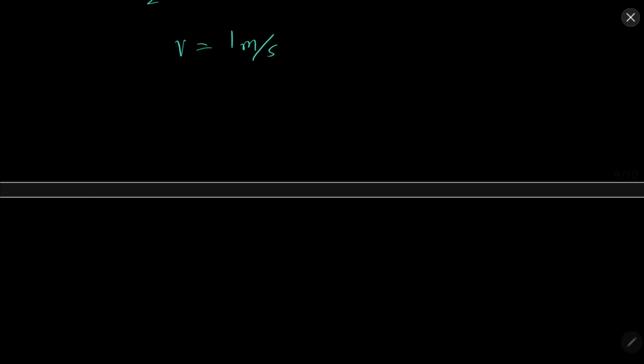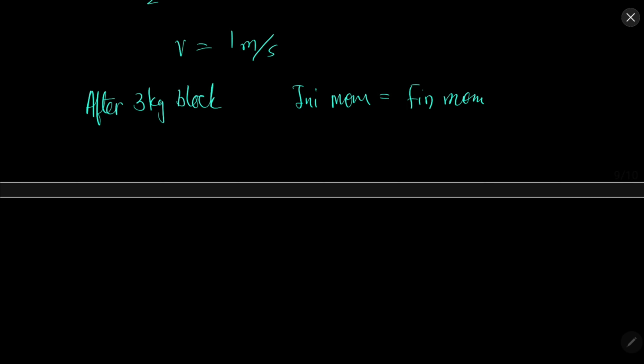Now after we put the 3 kg block, initial momentum will be same as final momentum. So this means 1 into v equal to 4 into v dash. So v dash will be 1 by 4 meters per second.